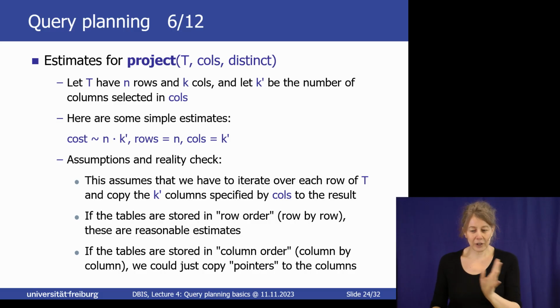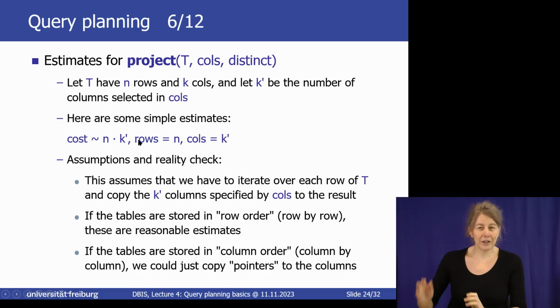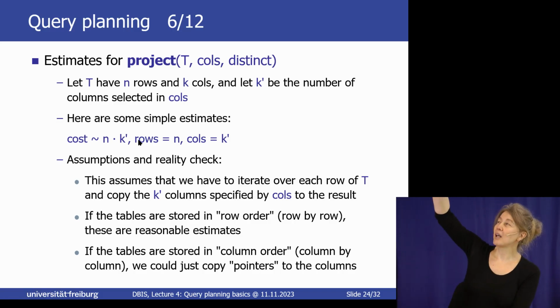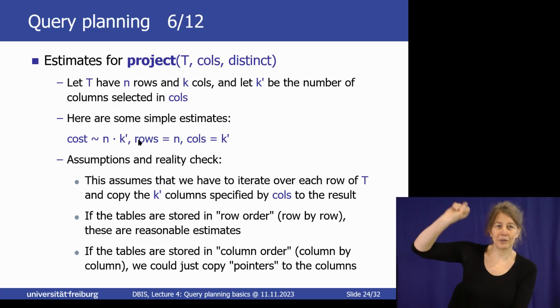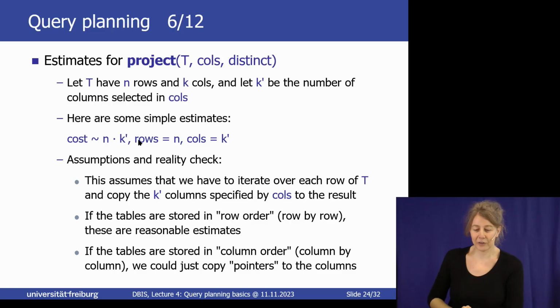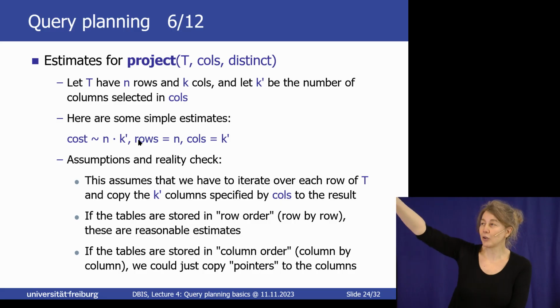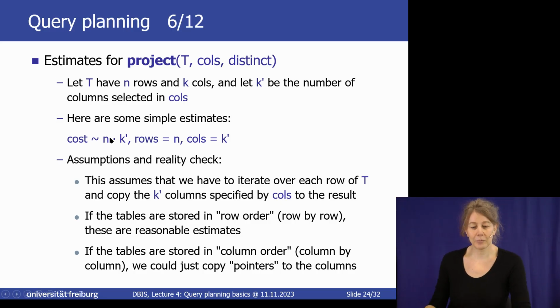If it's stored in column order, this is maybe not the best estimate, right? Maybe I have a table with 3 columns, and each column is like an object in the programming sense. Then instead of copying the whole column, I just copy a pointer. Then it would be a cheaper operation, and this is how a database system might do it.